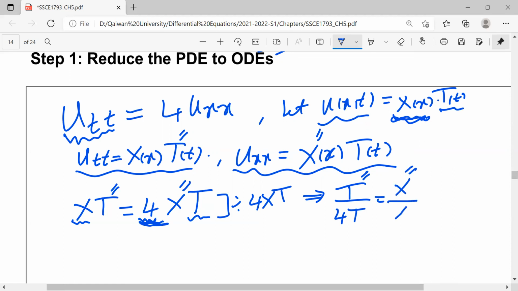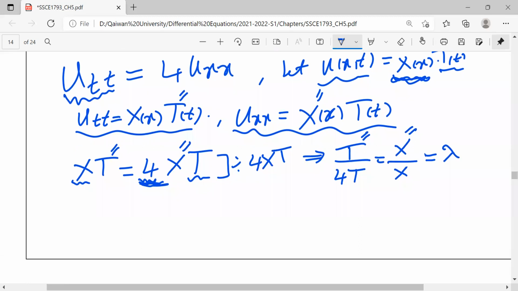equals X double prime divided by X. And we say these two functions are equal only in the case if both are constants. So we say both are lambda. Lambda is a constant. Okay. Now we set each of the functions equal to the constant lambda.